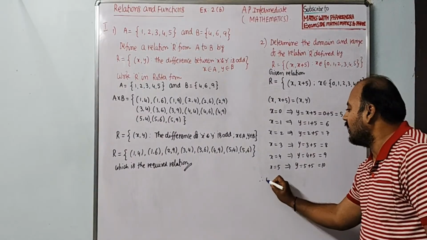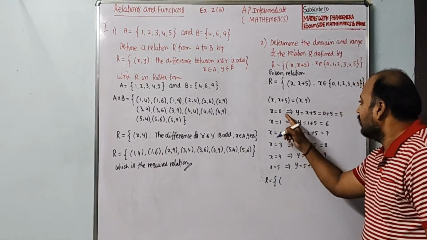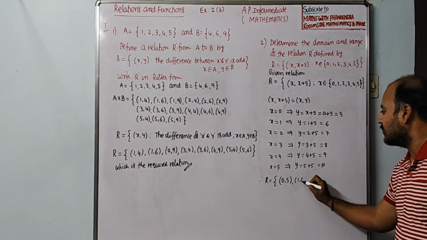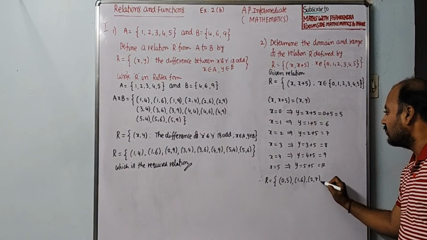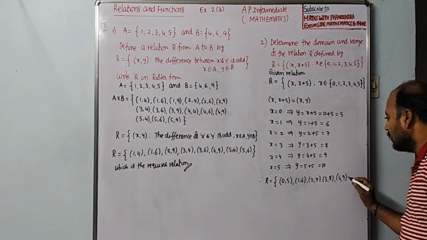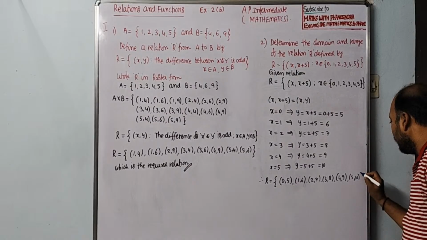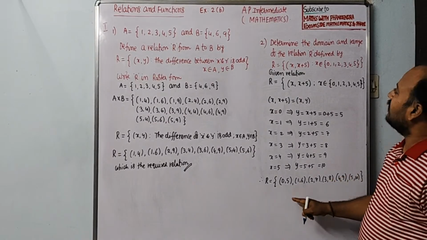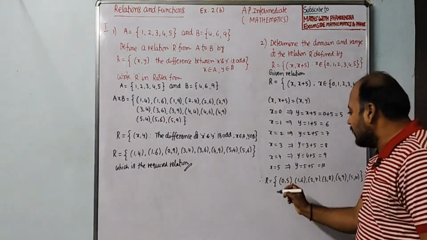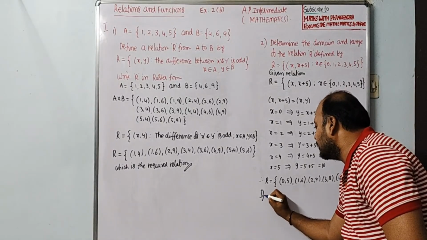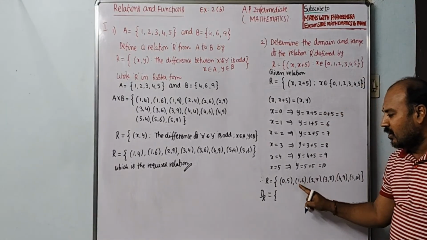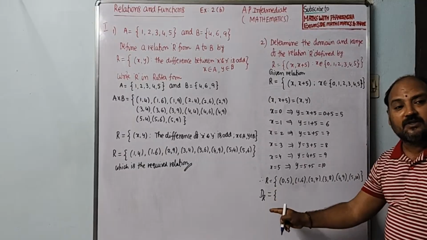So, therefore, the required relation R equal to {(0, 5), (1, 6), (2, 7), (3, 8), (4, 9), (5, 10)}. Here they are asking not only to write the relation, but also the domain and range. See, the domain of the relation: the first elements in the ordered pairs of the relation are called the domain.